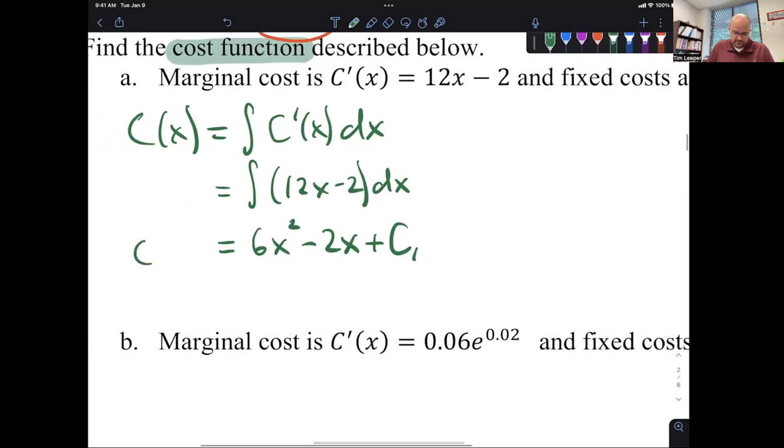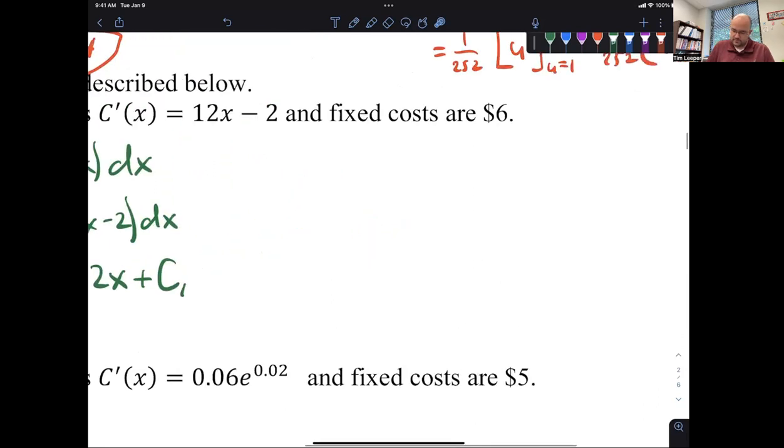So this is our cost function, but we don't know that constant there. But the constant can come from this right here. Fixed costs are $6. Now, what that's telling me is that c of 0 is equal to 6. But what is c of 0?